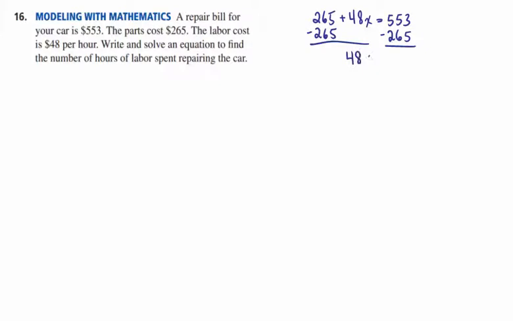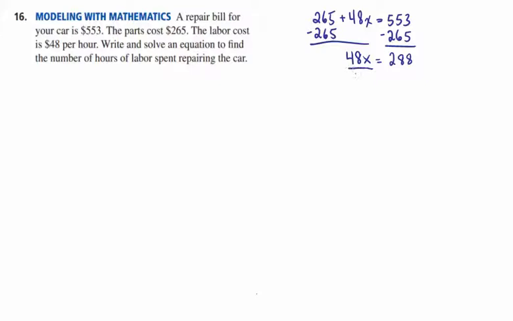We end up with 48x is equal to 288. That 48 times x is going to be the total labor cost, to which we will then add 265 for the parts and give us the total of 553.